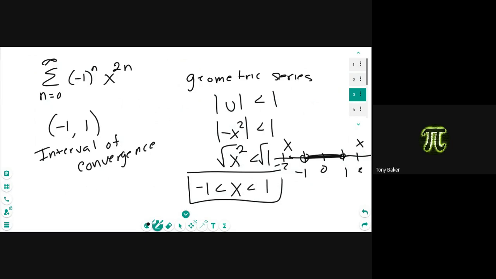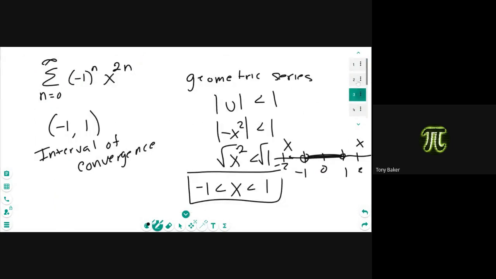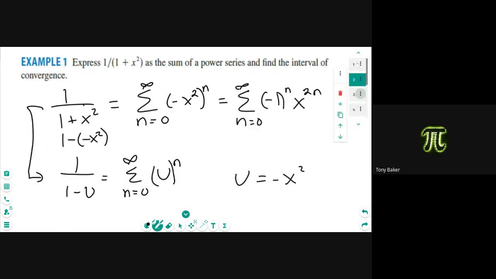That's nice and all, but we're going to do, I think, one more of these, and then I'll show you where they're actually really useful. So expressing that as a sum of power series, that's when we get to the sum of (-1)^n times x^(2n). Yep.